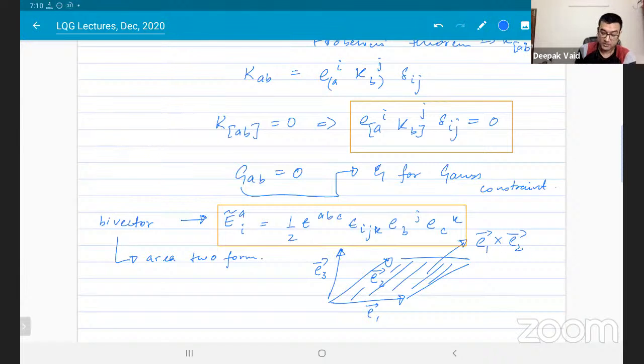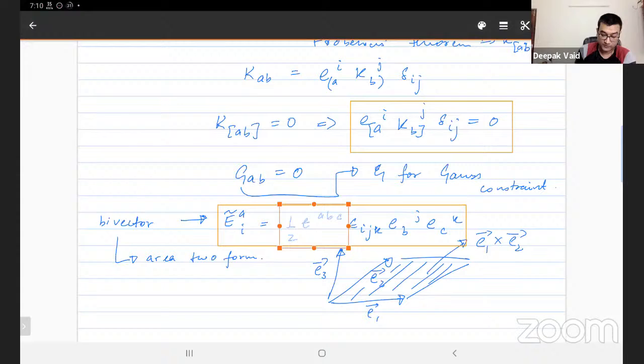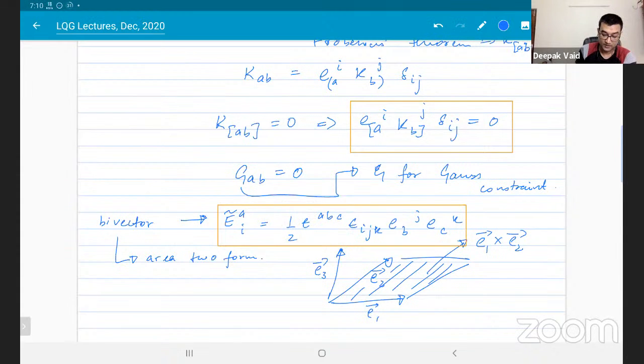So when I take the cross product, what do I do? I use this epsilon to contract these 2 indices, the components, right?